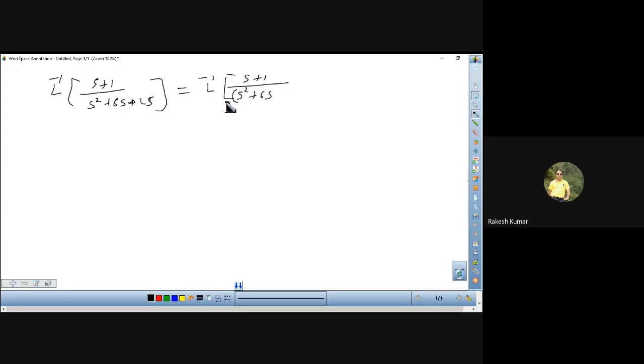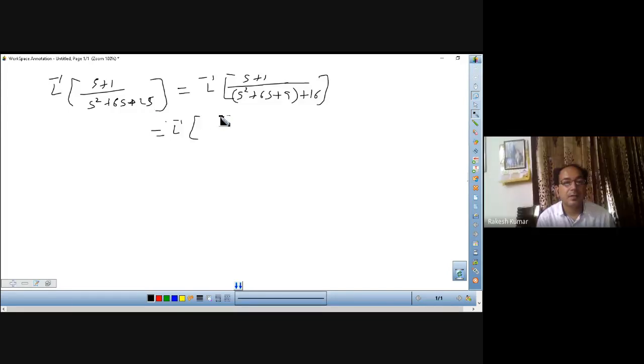And what is 3 square? 9. 9 can be written here, plus 16. The terms have been adjusted. 16 plus 9 is 25. So L inverse, in the numerator we have s plus 1, divided by s plus 3 square plus 4 square.